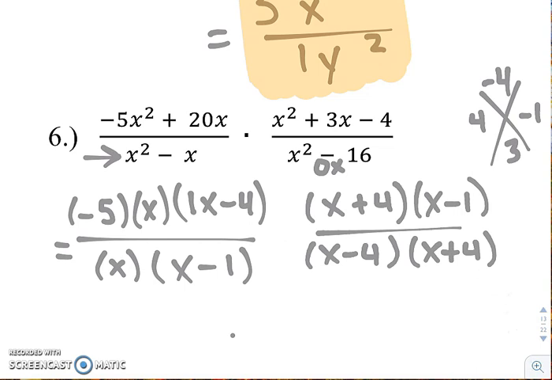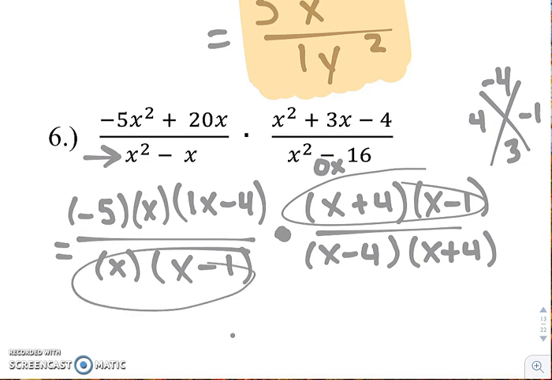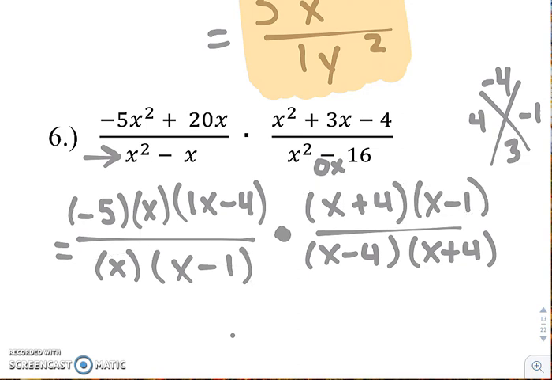And this should be multiplication. So it doesn't matter if one thing is over here and the other one is over here in this fraction, because when you multiply, this really just becomes one big fraction. So anything on the top that is the same as anything on the bottom would equal 1 and can cancel out.